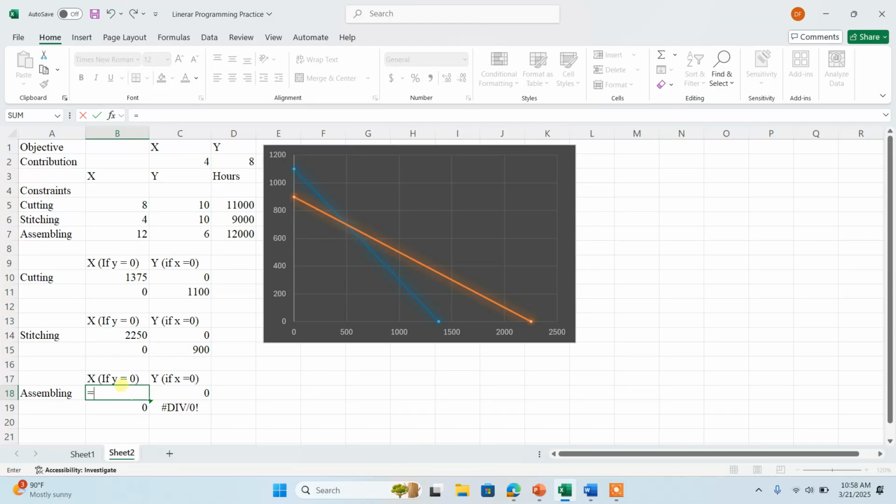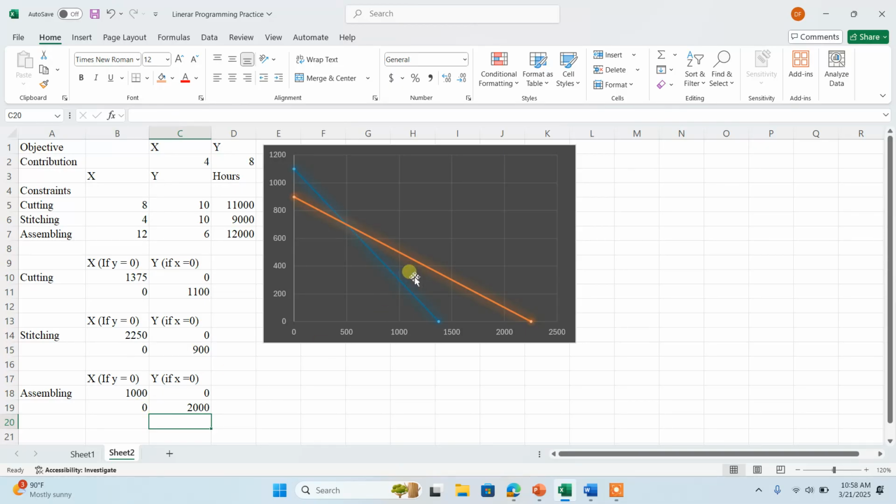If I produce nothing in y, the maximum x I can produce is this: I have 12,000 hours, and 1 unit requires 12 hours. So the maximum I can produce is 1000 units of x if I produce nothing in y. Similarly, if I produce 0 units of x, the maximum y I can produce is 2000 units.